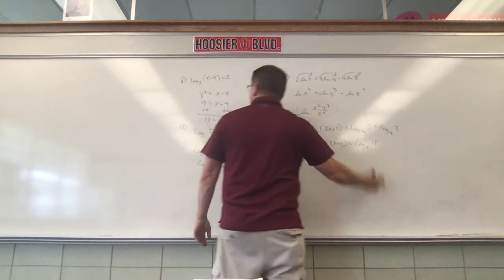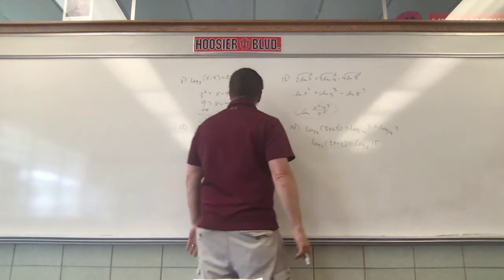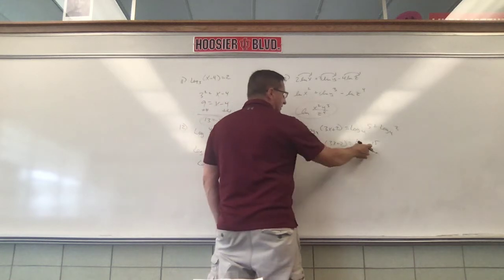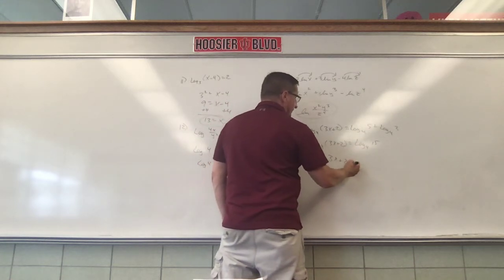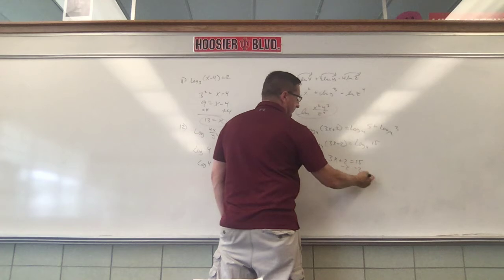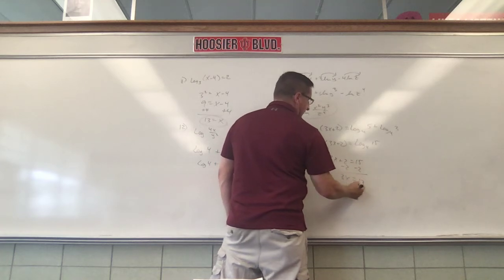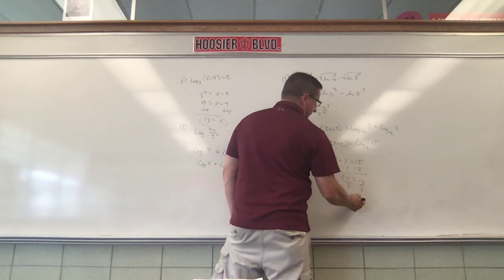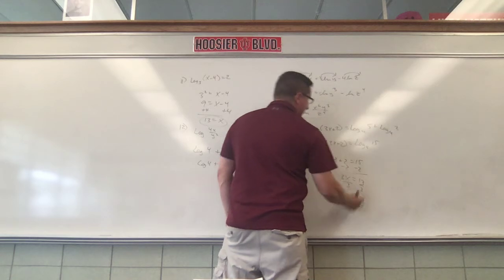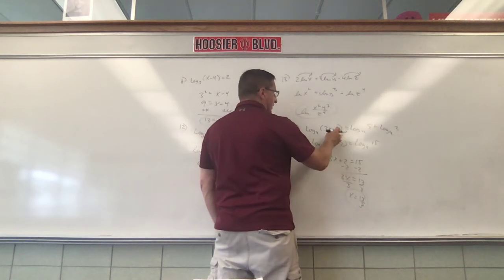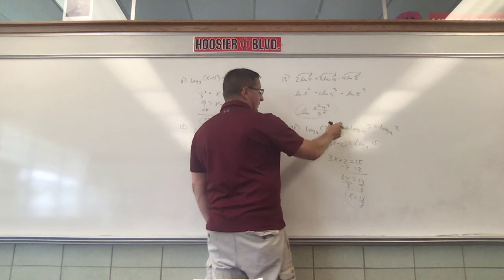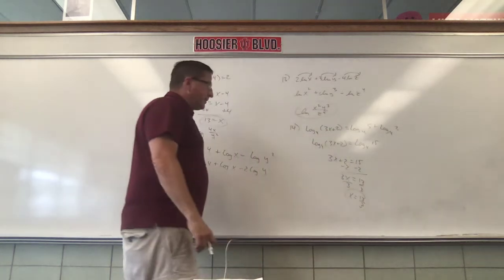And since we have log base 4, this is no different than question number 10, I think. We can get rid of these log base 4s. We're left with 3x plus 2 equals 15. Subtract 2. 3x equals 15 minus 2 is just 13. Divided by 3. 13 divided by 3 is just 13 thirds. And if we check that, if I plug in 13 thirds here, 3 times 13 thirds is positive, plus 2 is still positive. Okay?